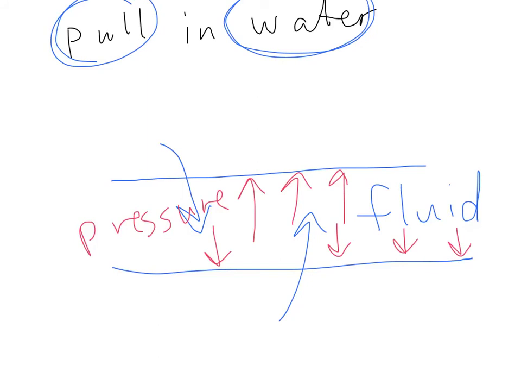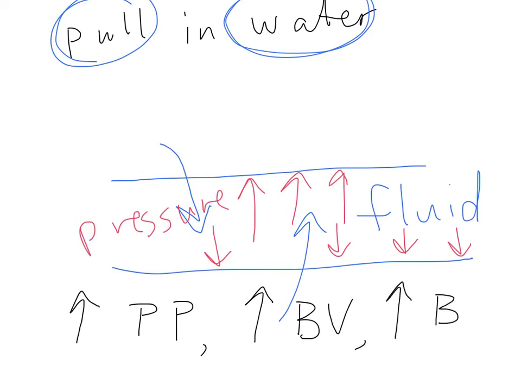So it's like if you have more water in a hose, you have more pressure inside the hose. So if you increase plasma proteins, you increase blood volume, or BV, and you increase blood pressure.